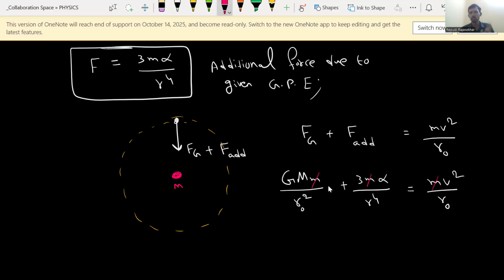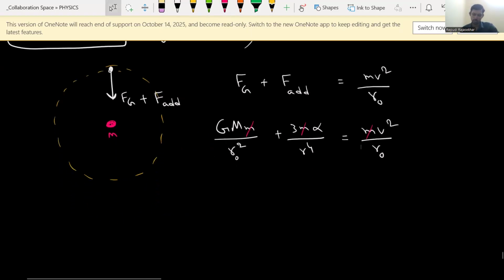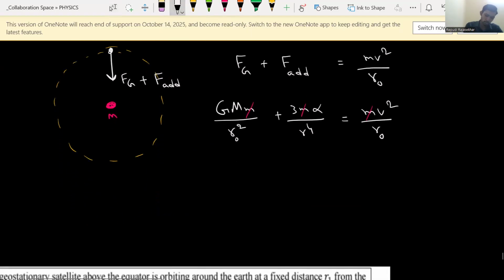Anything we can cancel here: take small m common on the left side, and it cancels with the m on the right. So what is left is GM by r naught square plus 3 alpha divided by r to the power of 4 equals v square by r naught. Since v equals r omega, v square is r naught square omega square, divided by r naught. Again cancel the terms.